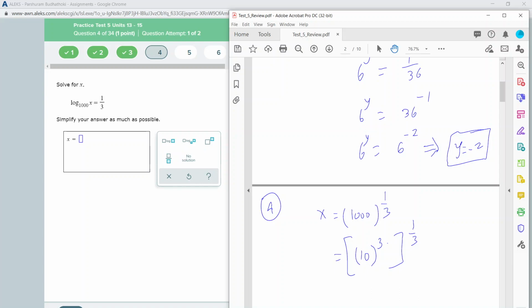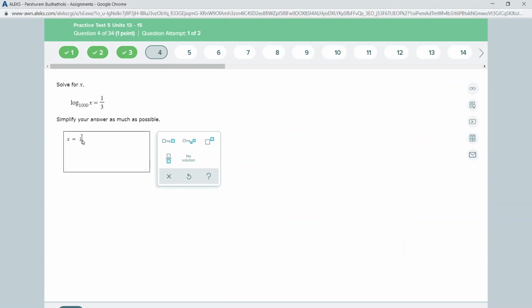An exponent to an exponent is just multiplication, 3 times 1/3, so you can cancel this 3 and 3. This is basically 10 to the power 1, which is 10. So the answer here would be 10.